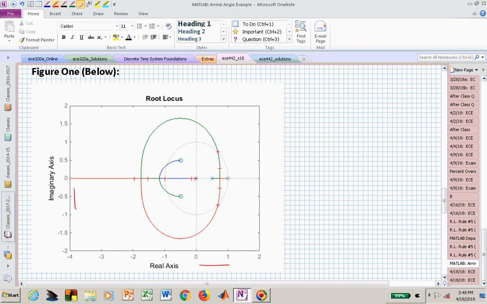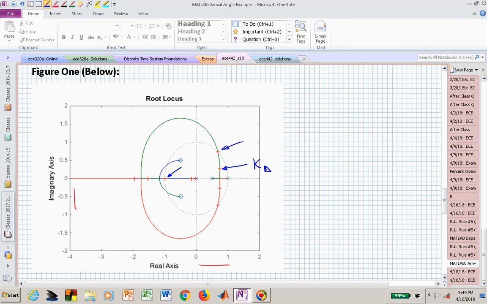complex zeros. And you can see that I've actually computed some rlocfind commands to try to determine what's the gain to get me to that location, what's the gain to get me to z equal to minus 1, and maybe here is our desired closed loop pole locations, the gain to get me there.